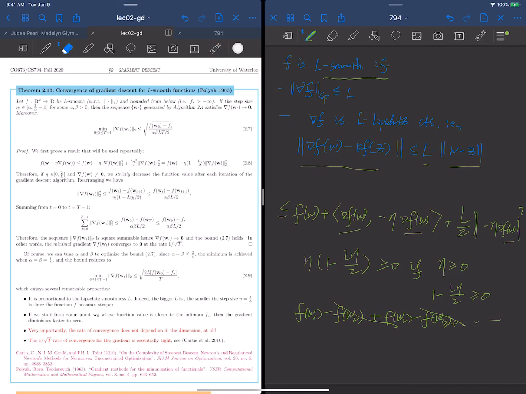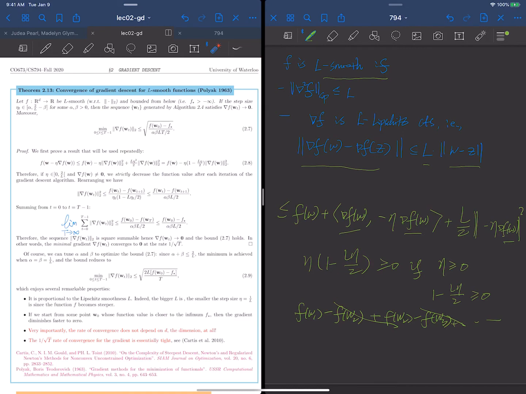So you can take the limit on the left hand side, right? If I take the limit, that t goes to infinity, it is still bounded by the right hand side, because the right hand side does not depend on t. And this basically means this sequence of the gradient is square summable. You take the square of each gradient norm and you sum them up, it's finite.